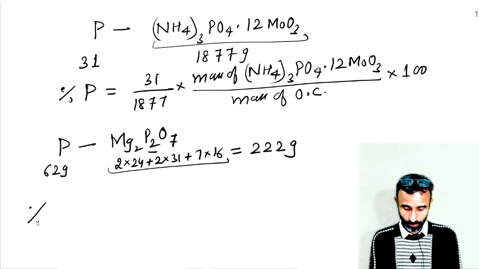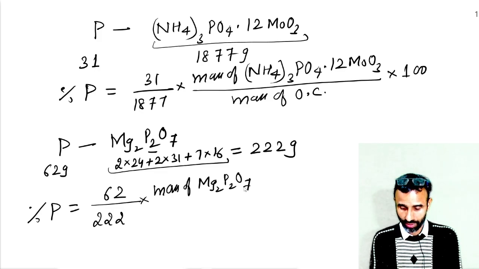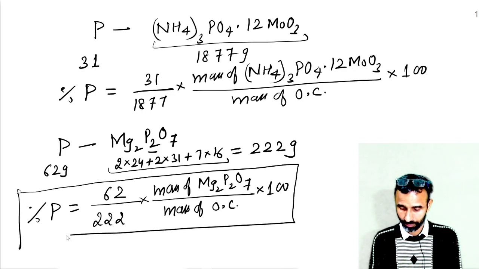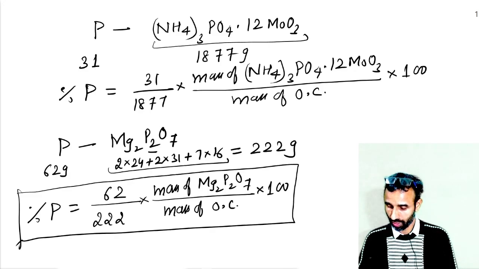So percentage of phosphorus we can calculate by using 62 by 222 into mass of magnesium pyrophosphate divided by mass of organic compound into 100. So in this way we can calculate the percentage of phosphorus.